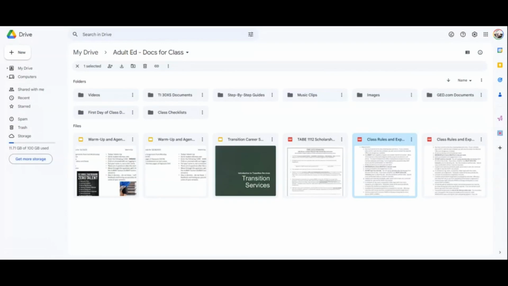And the text needs to say, my name is blank. I have read and understand Mr. Bostock's class rules.